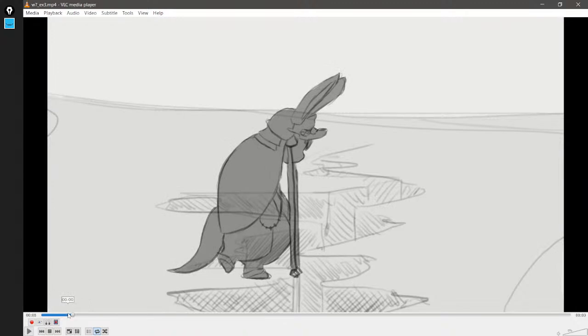Overlapping action are parts of an object, body, or character that follow the movement of the main action but aren't directly involved in it. You can think of this as hair. Hair always follows the head, but it doesn't exist glued to the head.